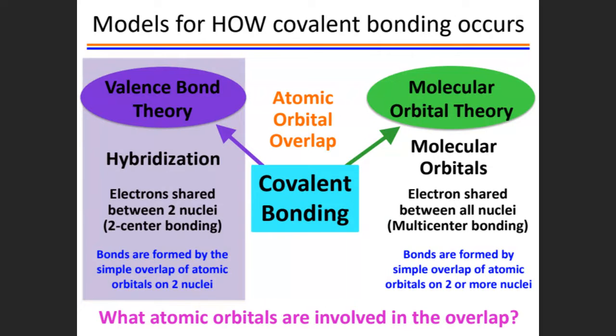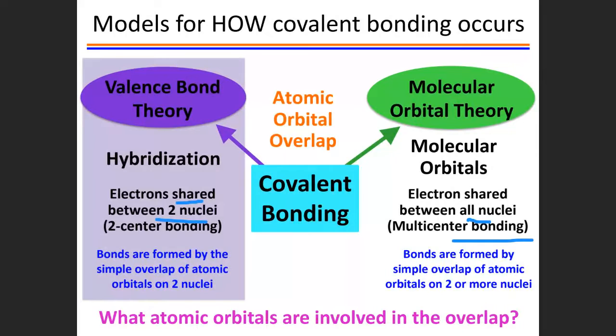So valence bond theory and molecular orbital theory, these two together overlap and eventually covalent bonding happens and a compound forms. Now let's see a little bit of review about the molecular orbital. Electrons are shared between all nuclei, multi-center bonding. In hybridization, electrons are shared between two nuclei, two center.